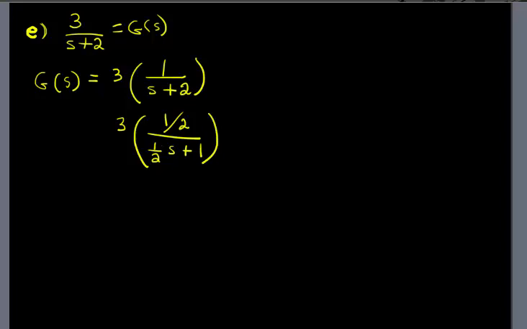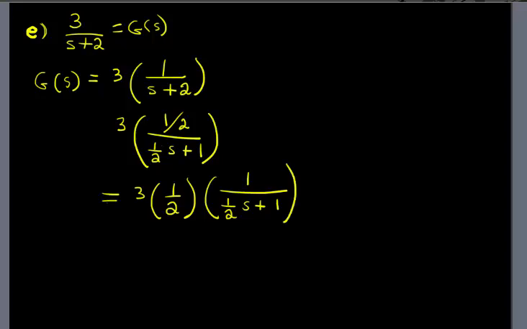Okay, and I don't like the 3 and the half sort of being separate because I still want that 1 on top. So I'm going to bring that 1/2 out so that I can get that 1 back on top, and I still have my 1/2 s plus 1 on the bottom like that.